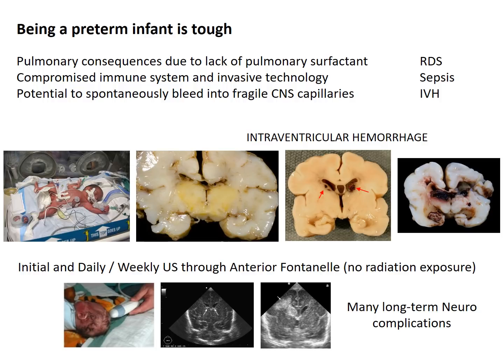So if you look at this very small preterm infant on a ventilator, fighting for life with all the different complications that are going on, all these different complications can increase that person's risk of intraventricular hemorrhage.